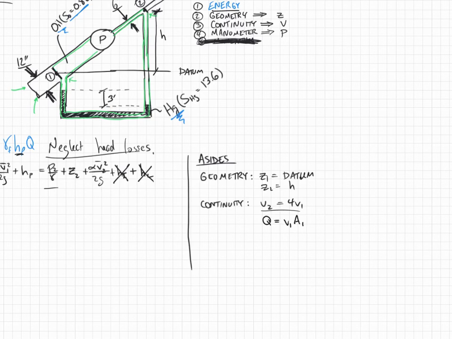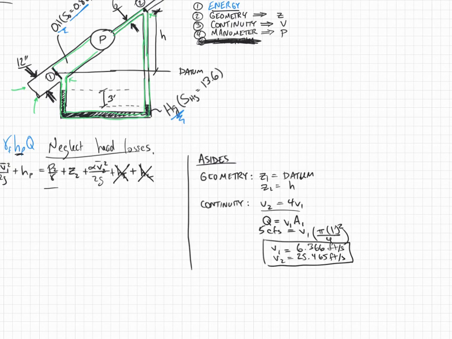So Q is 5 CFS, that's cubic feet per second, not centifeet per second, equals V1, which is what we're looking for, times A1, which is pi times 1 foot squared over 4. So V1 equals 6.366 feet per second, which means that V2, which is 4 times that fast, is 25.465 feet per second. Now we're getting somewhere.